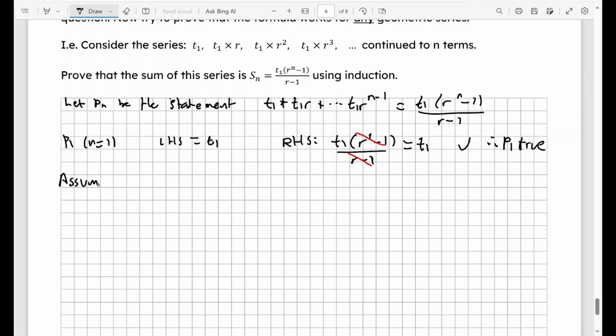Assume Pk true. Therefore, T1 plus T1R plus T1R to the k take 1 equals T1 R to the k take 1 over R take 1, and we're going to call that star.